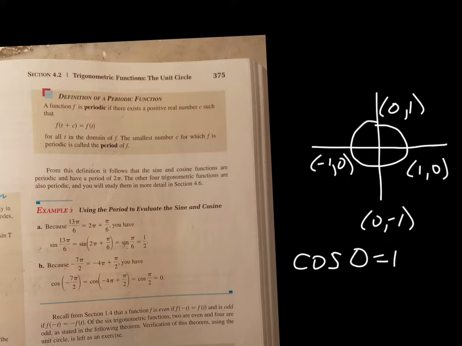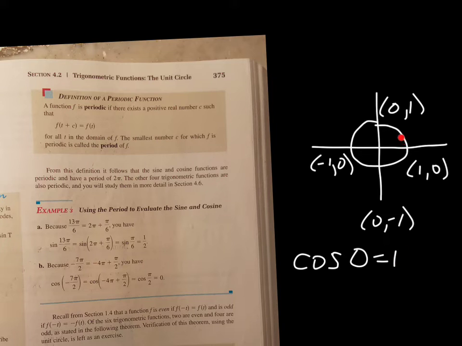So then I'm saying that cosine is periodic. So somewhere along the line, as we move all the way around our unit circle, there's going to be a place somewhere where the cosine of that new number is also 1.